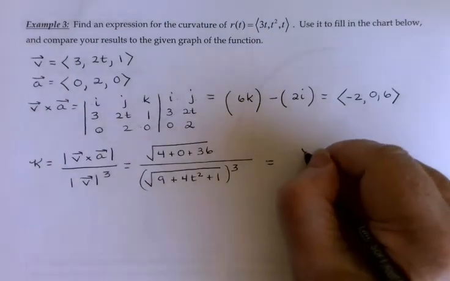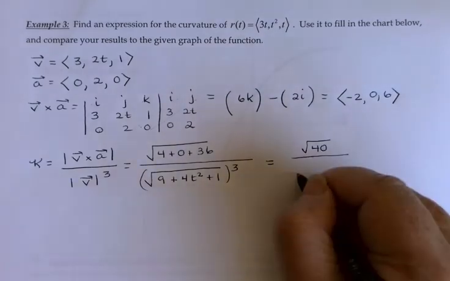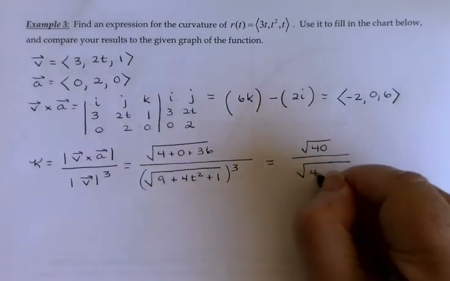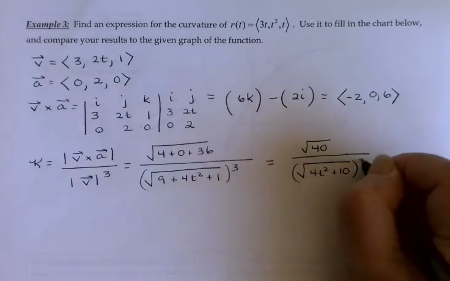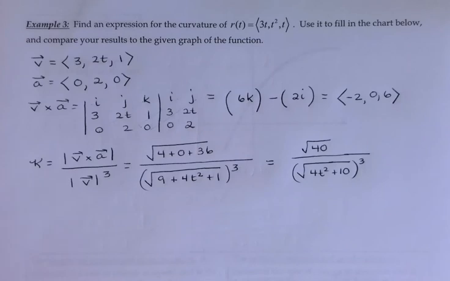So I have the square root of 40 over the square root of 4t squared plus 10, to the third power. We could simplify that a little if we wanted to, but we're just going to plug numbers into it in a minute anyway, so no real need to.